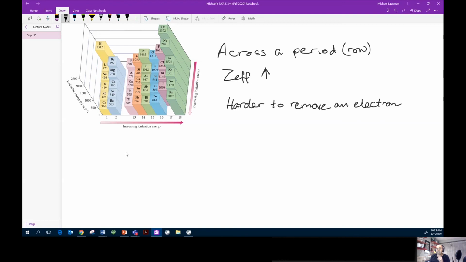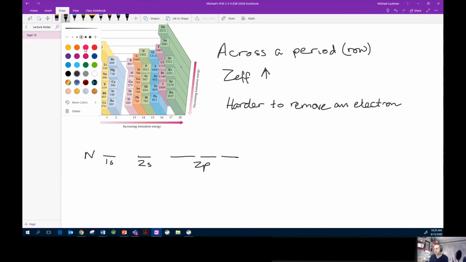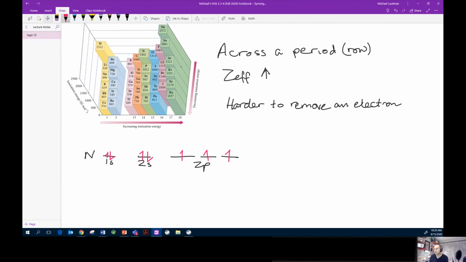Remember, what we're talking about here is the energy required to remove an electron, and normally we don't see things like N plus or O plus. But the difference here, if we look at nitrogen: nitrogen is 1s2, 2s2, 2p3 like this, and oxygen looks like this.